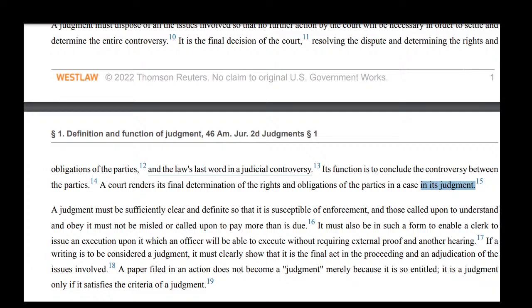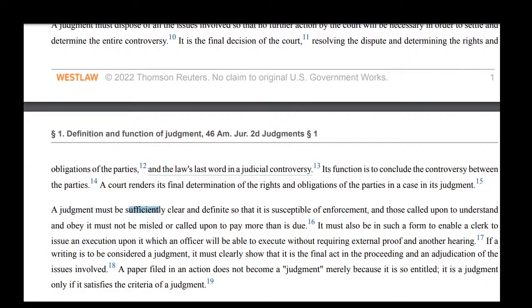A judgment must be sufficiently clear and definite so that it is susceptible of enforcement. That's interesting. Susceptible of enforcement. That must be sufficiently clear and definite. And those called upon to understand and obey it must not be misled or called upon to pay more than is due.